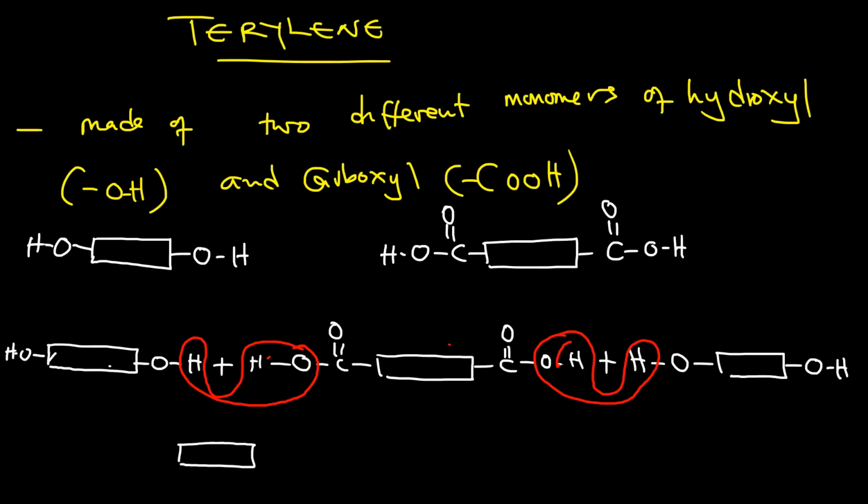So in this case, let me shade this. We are going to have something like this. When this is eliminated, this carbon will join directly there. So it is going to be like this.